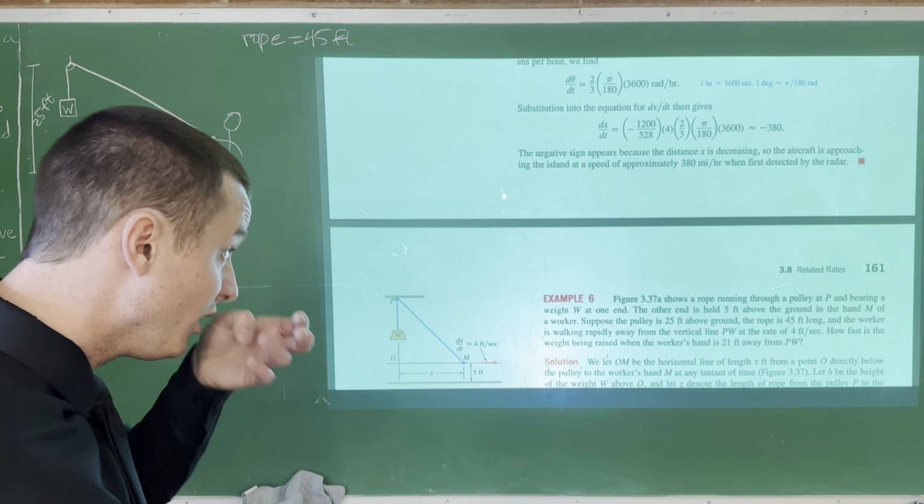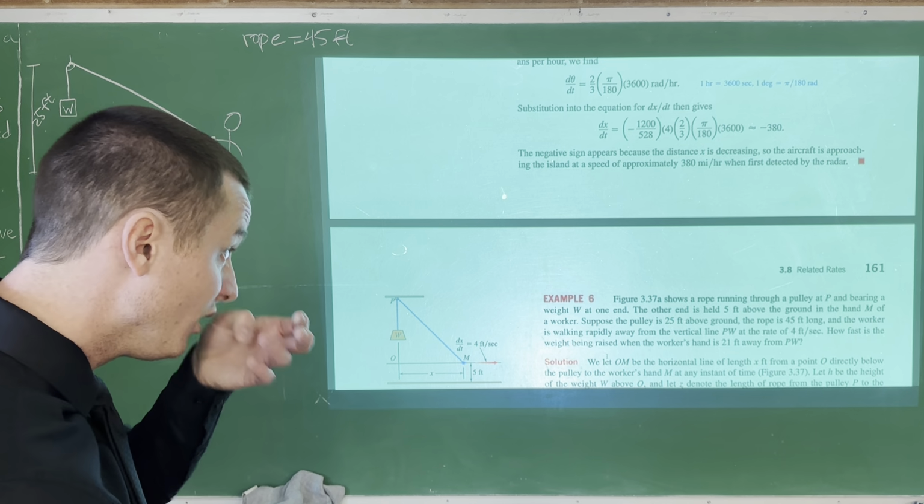I'm going to call this length of the rope y, and so we are looking for dy/dt. dy/dt will tell us how fast that thing is going up. So this is what we're looking for.